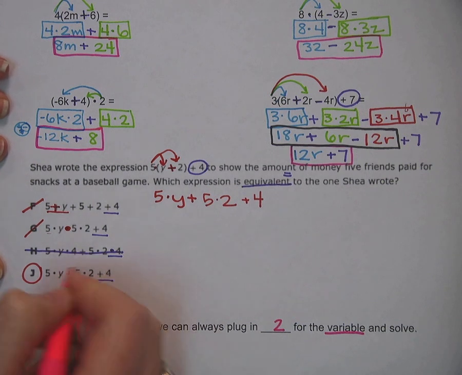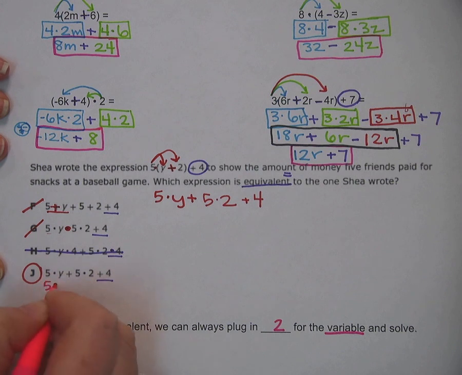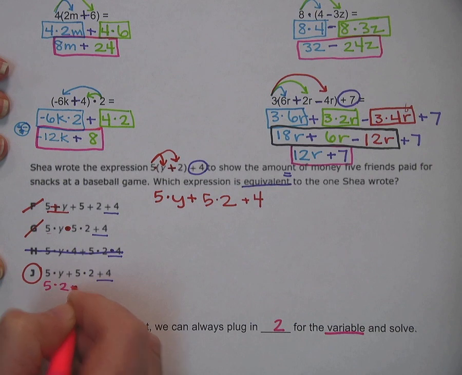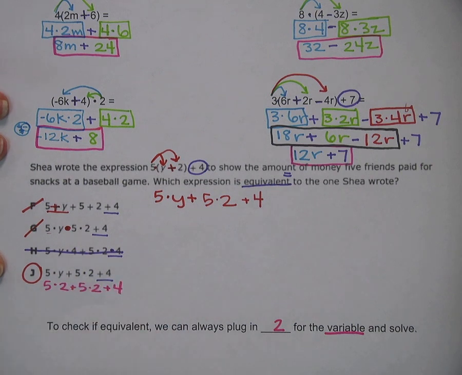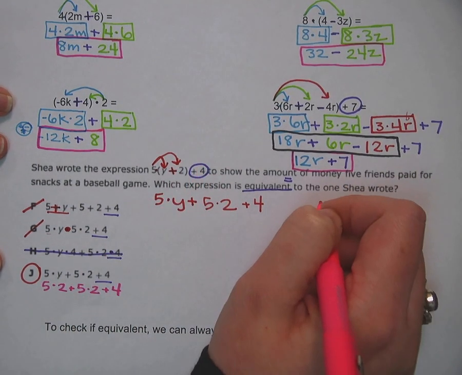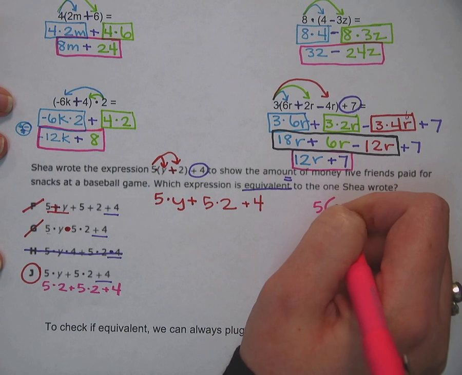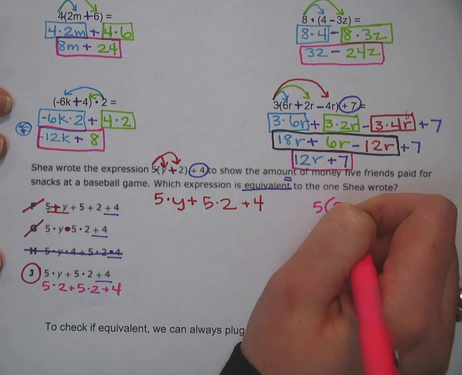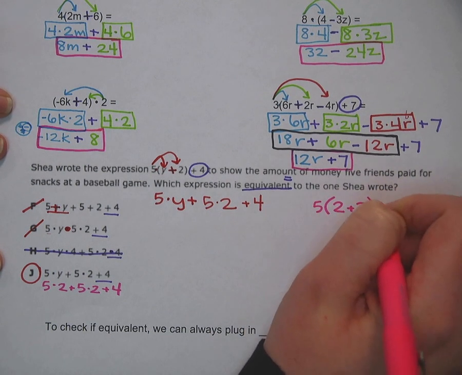So for this, I'm going to write 5 times (2 + 2) + 4. Same thing for the other one.